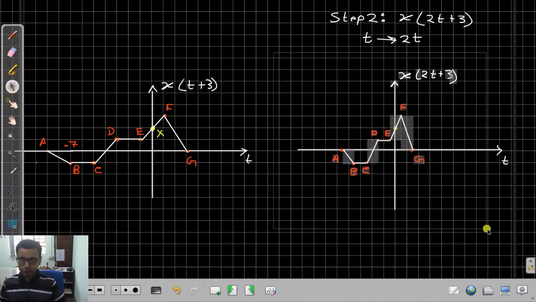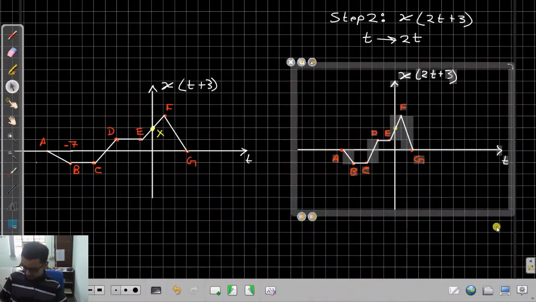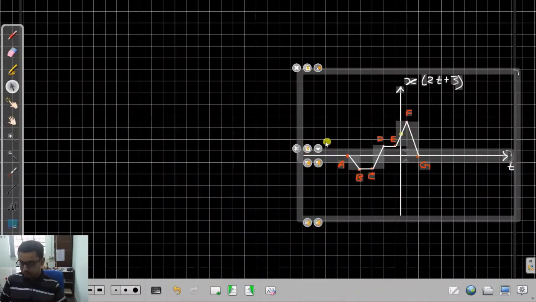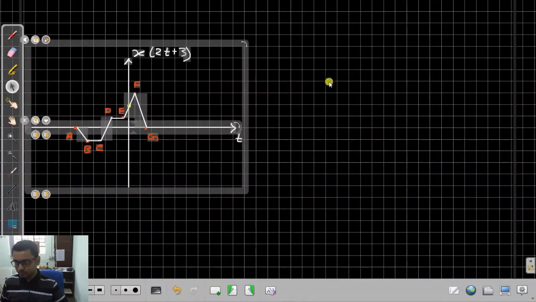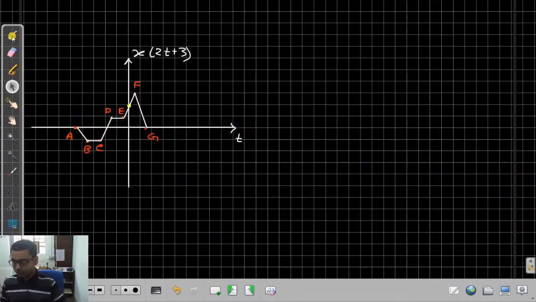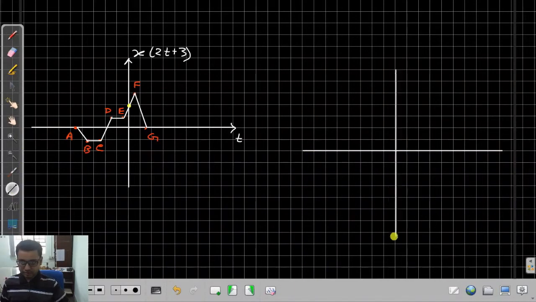Now let's move to step 3. This is the result of step 2, and now we will draw x(-2t plus 3). This is step 3.